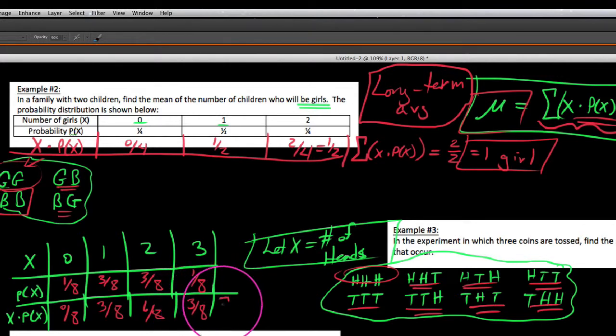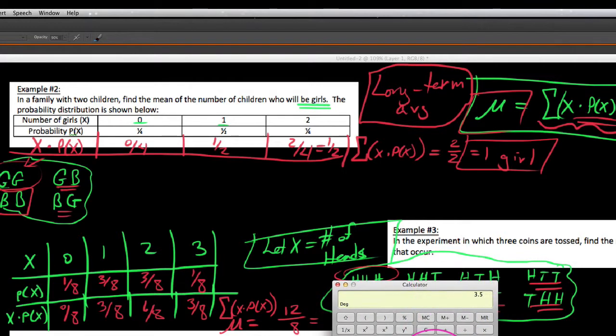So summing all of these, the products of things that can happen with their respective probabilities, we would get how many total eighths. 0/8 plus 3/8 is 3/8, plus another 6/8 is 9/8, plus another 3/8 is 12/8. So essentially, we put this into a calculator. Not that I need a calculator to do this, but I will, just to show you here. 12 divided by 8.